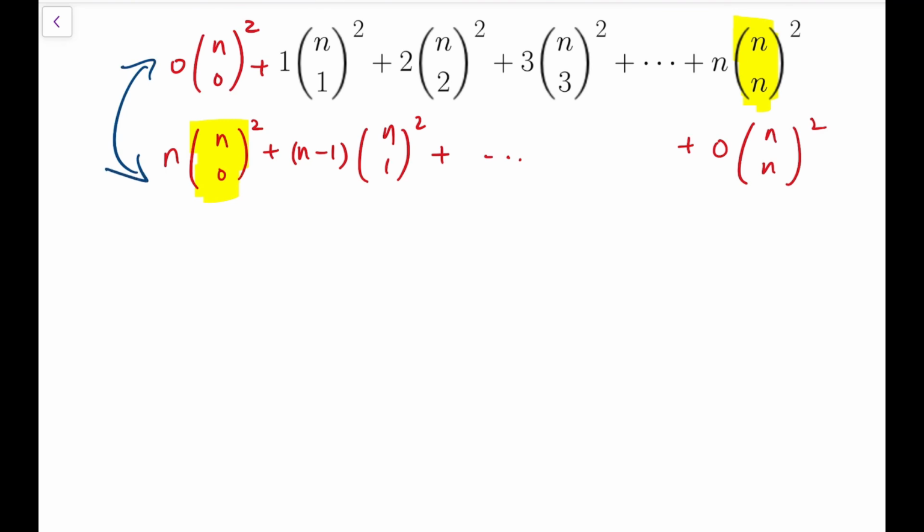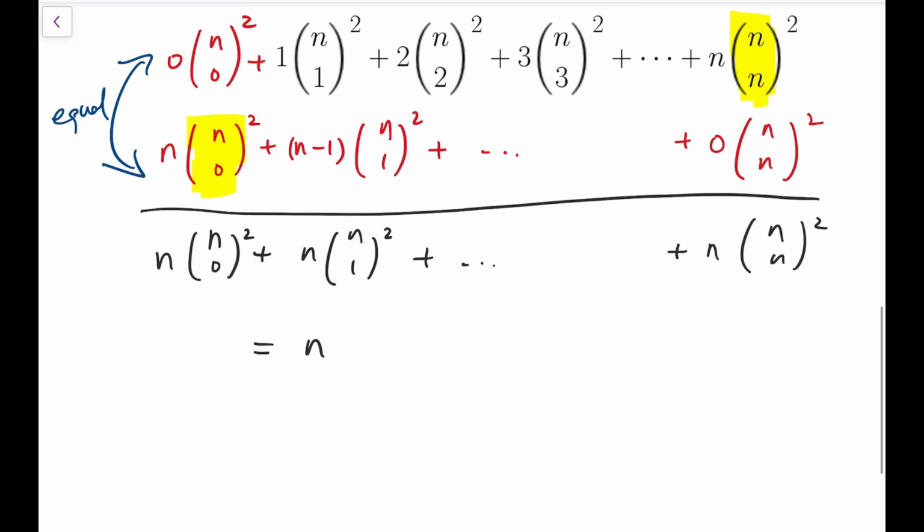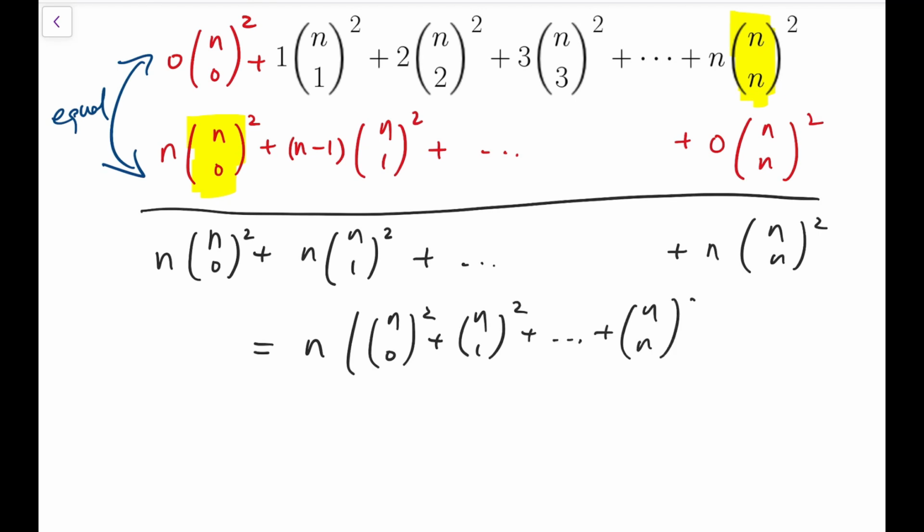And these two sums are equal. When I add them together, I'm going to get n times n choose 0 whole squared, n times n choose 1 whole squared, adding all the way up to n times n choose n whole squared. And taking a common factor, this is equal to n times the sum of squares of the binomial coefficients of the form n choose r.